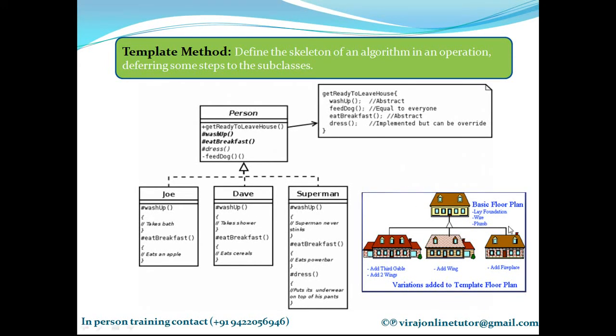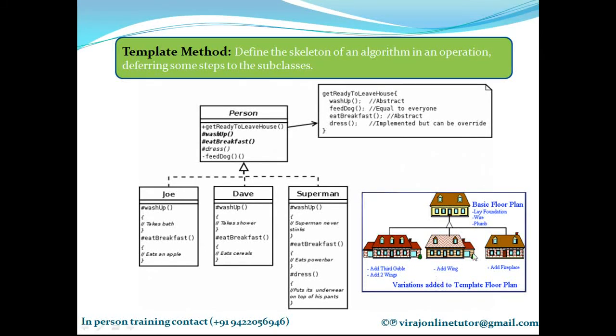So in the second example that I have on my screen, there is a basic floor plan, which is the base. Then I'm adding a third gable and adding two wings. That's something that is extended here.